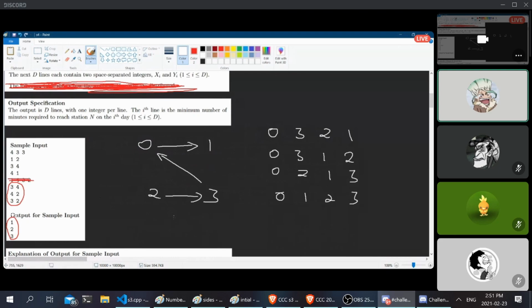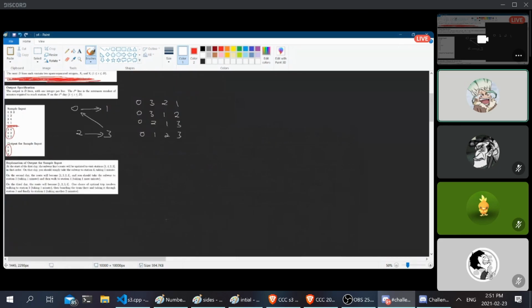Okay, so how should we go about solving this problem? The first thing that we need to notice is that the minimum route can always be, let's say, first you take the subway, and then you hop off and take the walkways. So in other words, for the minimum route of each day, you always take the subway first, and then you take the walkways next.